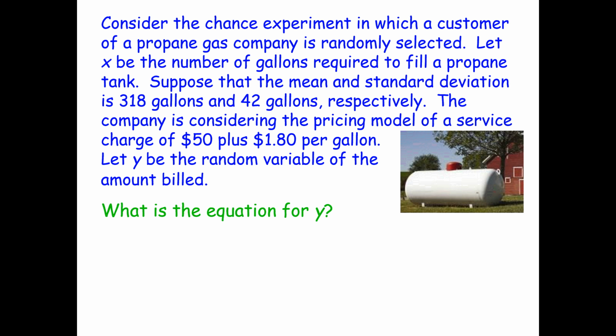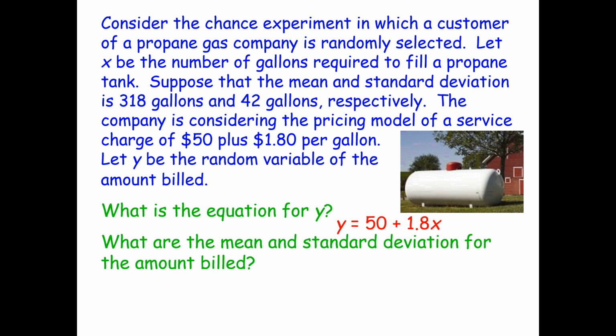So we want to know, what is the equation for y? You should have said that y equals 50 plus 1.8x, right? We have our service charge of $50 plus $1.80 per gallon. Now, what are the mean and standard deviation for the amount billed?